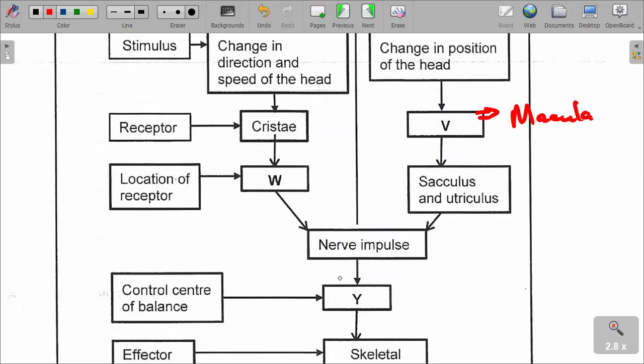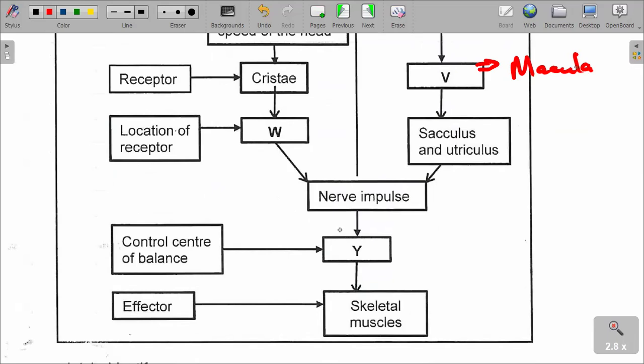That is what you need to understand: when the head changes position in relation to gravity, the macula is the one having the sensory receptors that detect the acceleration, in terms of the change in speed, in regard to the position of the head from gravity. So V is the macula, or they can say maculae.